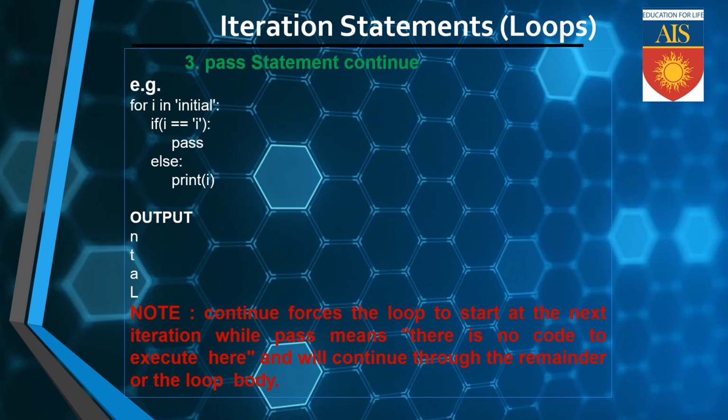Whenever the condition matches our assigned value, that particular portion will pass, and the remaining program will print. Continue forces the loop to start at the next iteration, while pass means there is no code to execute here and it will continue through the remainder of the loop body. So this is the actual concept of the pass statement.